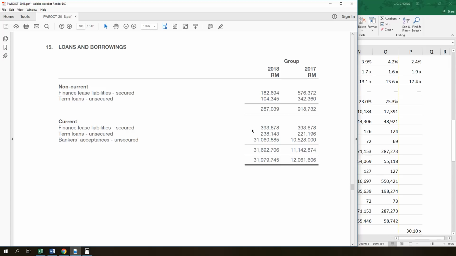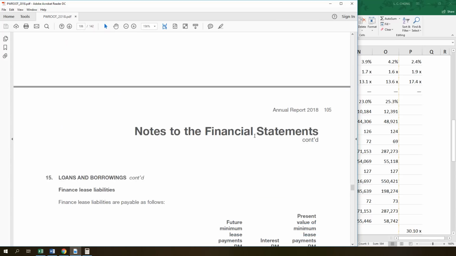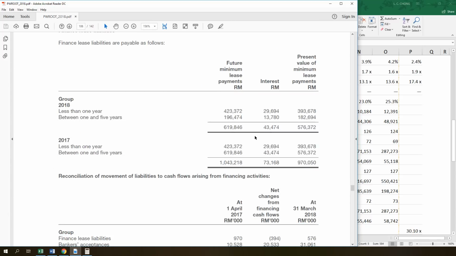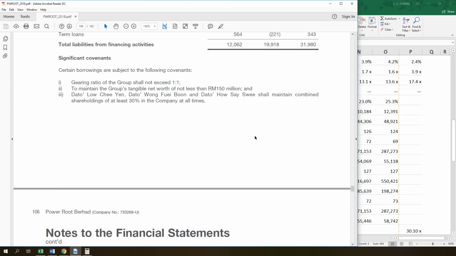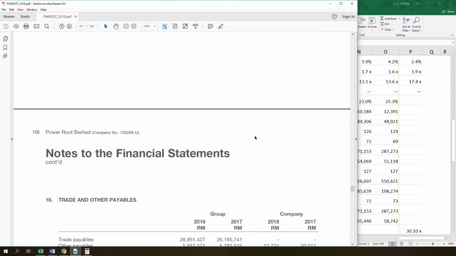Here we can see the drawdown of 20 million of bankers' acceptances. Let's scroll down a little bit. It doesn't mention why Power Root draw down 20 million of bankers' acceptances.